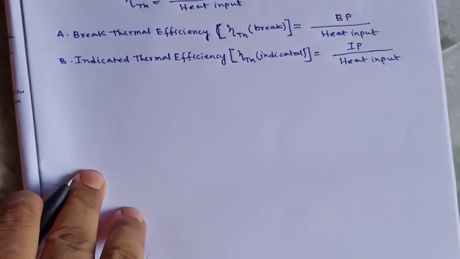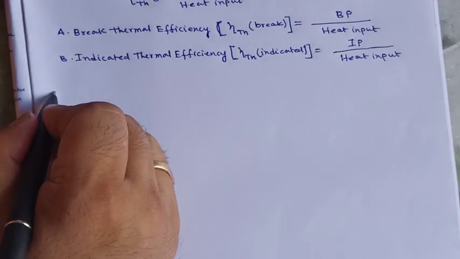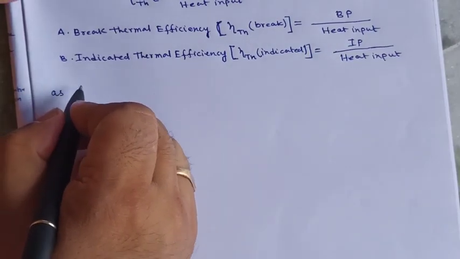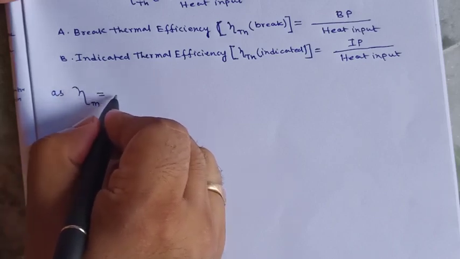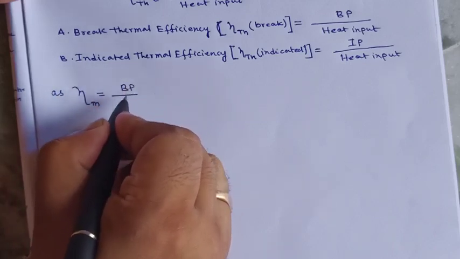Now, mechanical efficiency eta m equals BP by IP.